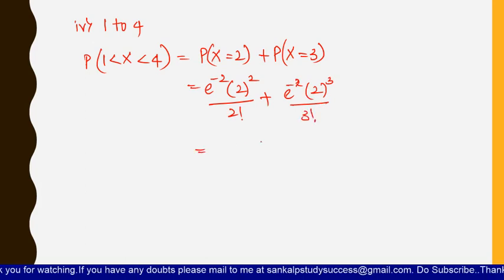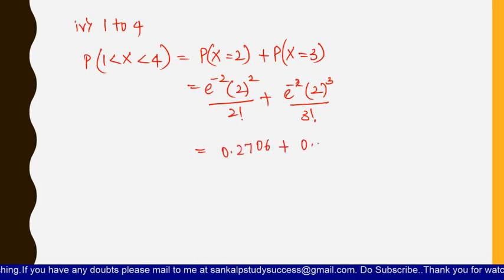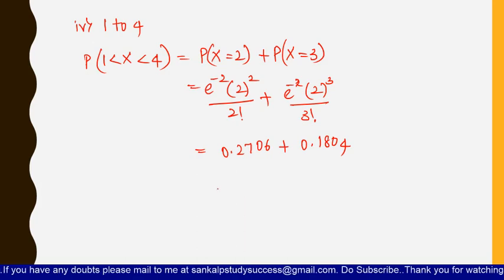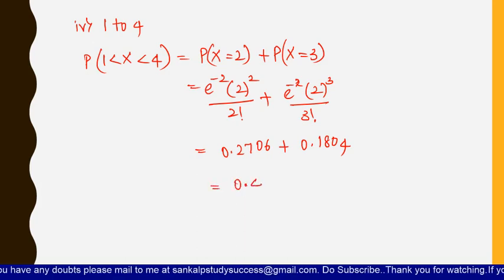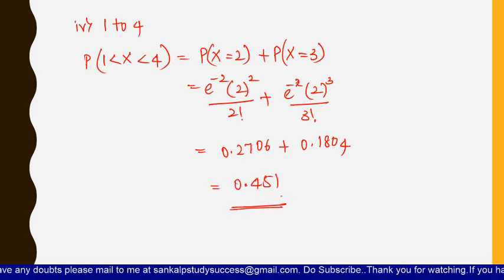So now by calculating this, you will get 0.2706 plus 0.1804. So 0.451 will be the answer if you calculate the value. So in this way you have to solve the problem of Poisson distribution.